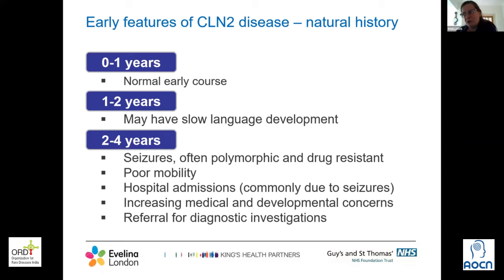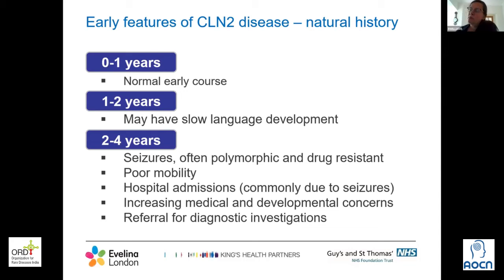Some of the children end up being in hospital for quite some time because the seizures are so difficult to control, and then it becomes apparent that maybe it's the underlying disease process that is causing loss of skills rather than the epilepsy per se or the treatment, and they get referred for diagnostic investigations.